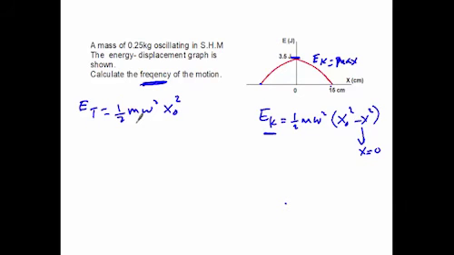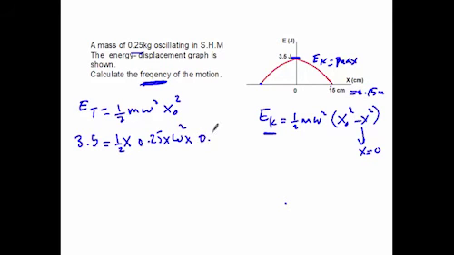So what we have to find here, we have the total energy, 3.5 joules, which is equal to half times m, our mass is 0.25, times omega square, then we have our maximum displacement, 15 centimeter, which is equal to 0.15 meters.